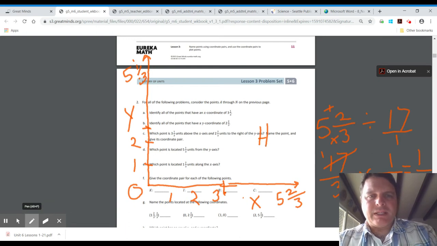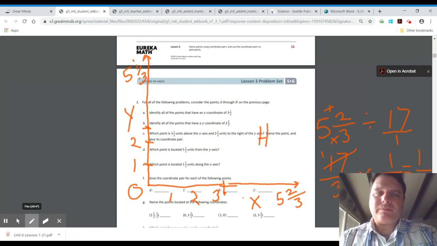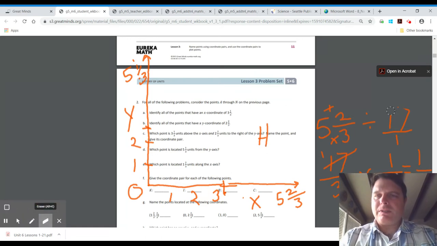And the coordinate pair would be 2 2/3, comma, 3 1/3. Let me get some room over here.